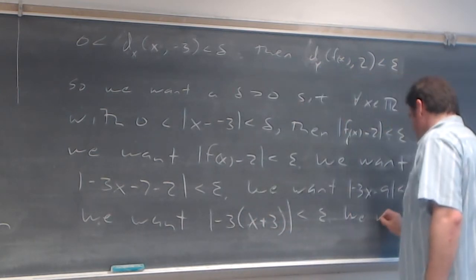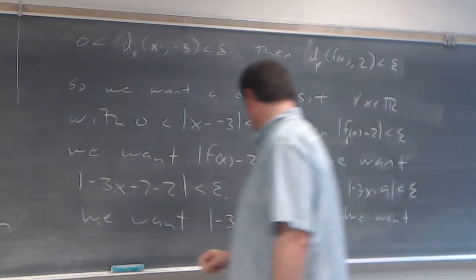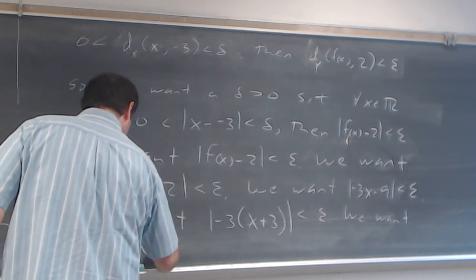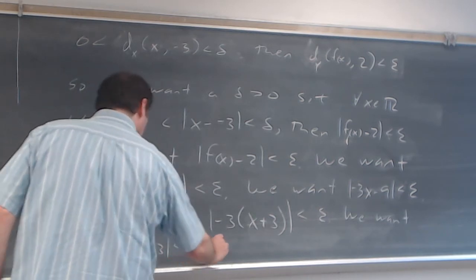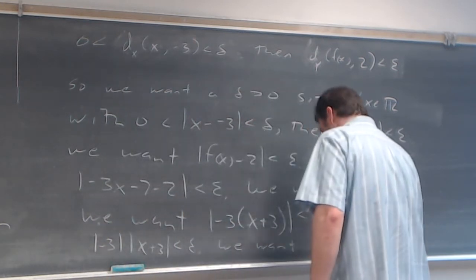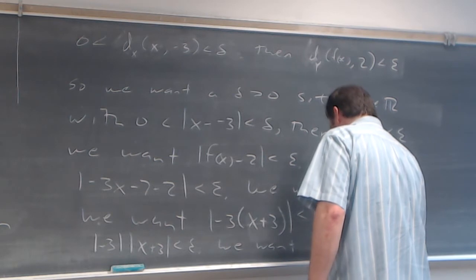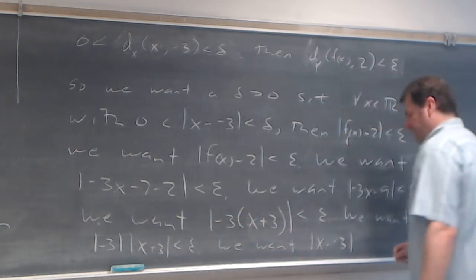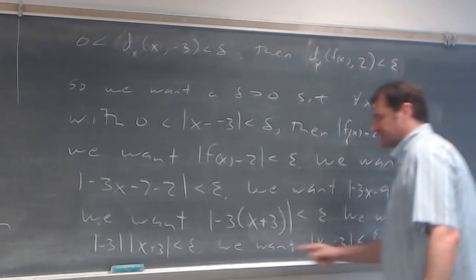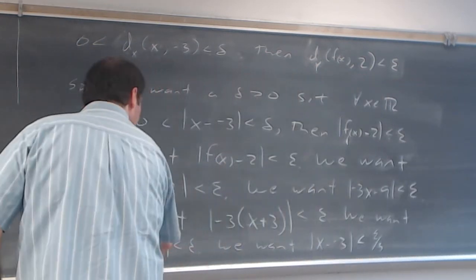So we want the absolute value of minus 3 times the absolute value of x plus 3 to be less than epsilon. So we want, if you will, x minus minus 3, that's the absolute value of x plus 3, to be less than epsilon over 3, that's epsilon divided by the absolute value of minus 3.